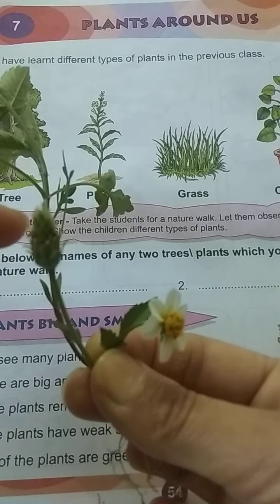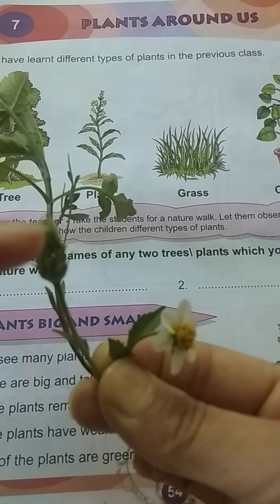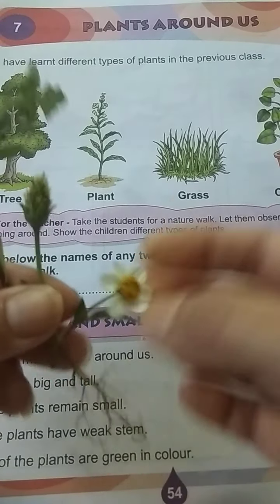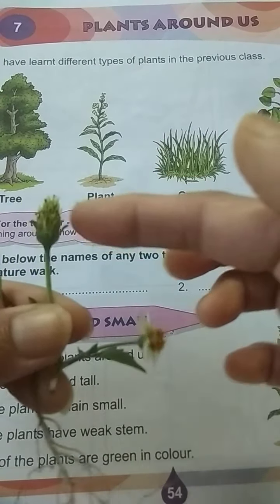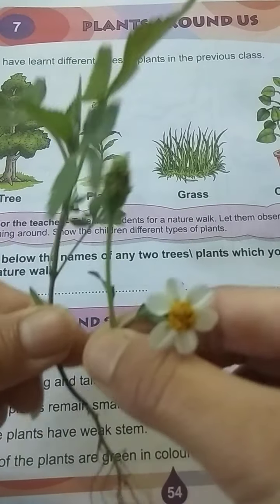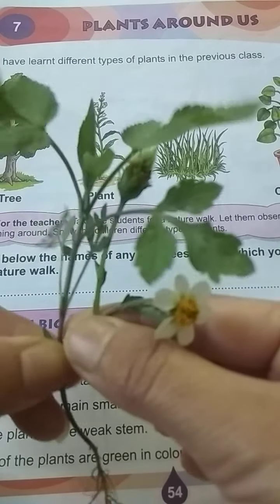And if you see, we have a bud also, on which this flower is going to bloom. The flower is going to open up from this bud. So these are the basic features of a plant that we have.